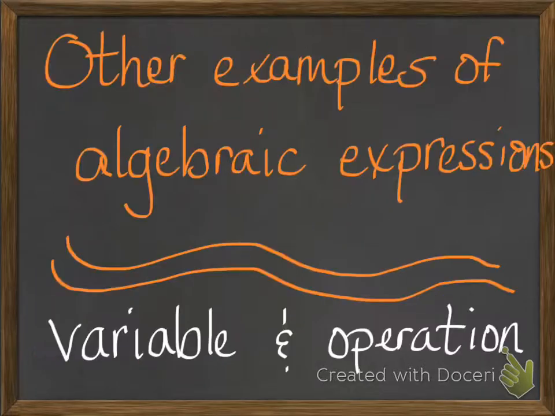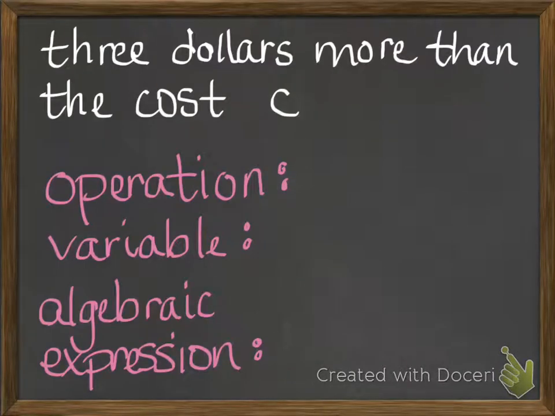Okay? So here are some examples of algebraic expressions. Remember, it has to have a variable and an operation to be an algebraic expression. So if I had this expression, $3 more than the cost of C, that tells me the operation is addition.